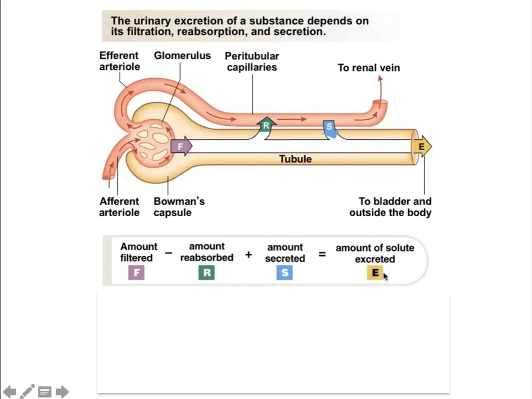We know how much urine per 24 hours is produced, and we know how many marbles you have per liter of urine. We multiply them together. That's how many marbles you get. And we know how many marbles you have in the blood. We just take the blood sample. And the only thing we don't know is this filtration rate. So we can calculate back this. That's why we like to use inulin to calculate the GFR. And once you have GFR, it depends on the molecule. Because the first question I ask you is to calculate the GFR.